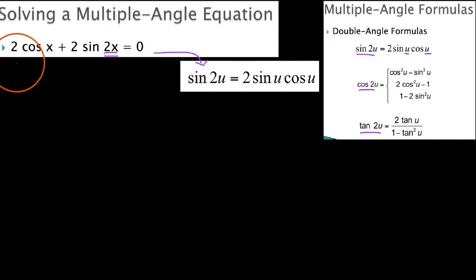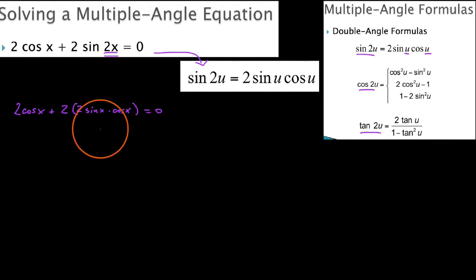So what we have here is this. Using our double angle substitution, we have 2 cosine of x. Let me rewrite that there. 2 cosine of x plus 2 times, now in parentheses, we're going to make the substitution for sine 2x. It is 2 sine x times cosine of x. And so all together now, we say 2 cosine x plus 4 sine x cosine x equals 0.